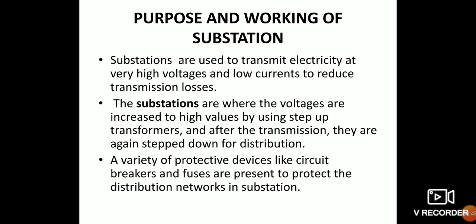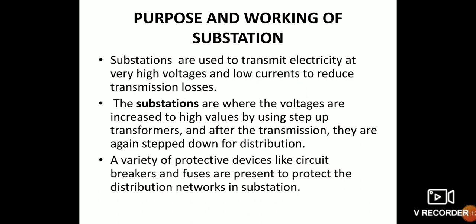Next, what is the purpose and working of substations? Substations generally transmit electricity at high voltages and low currents in order to reduce losses, which are called transmission losses, generally known as eddy current loss and heat loss. In order to reduce that, we transmit electricity at high voltages and low currents.